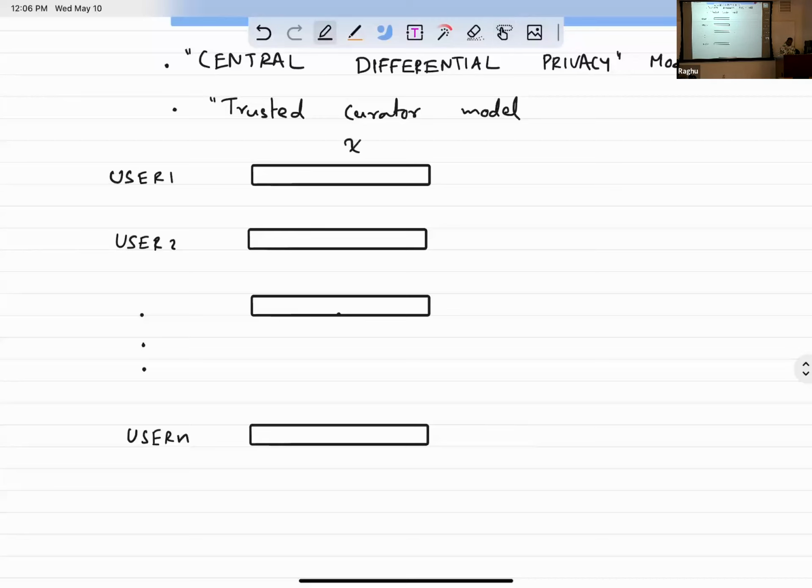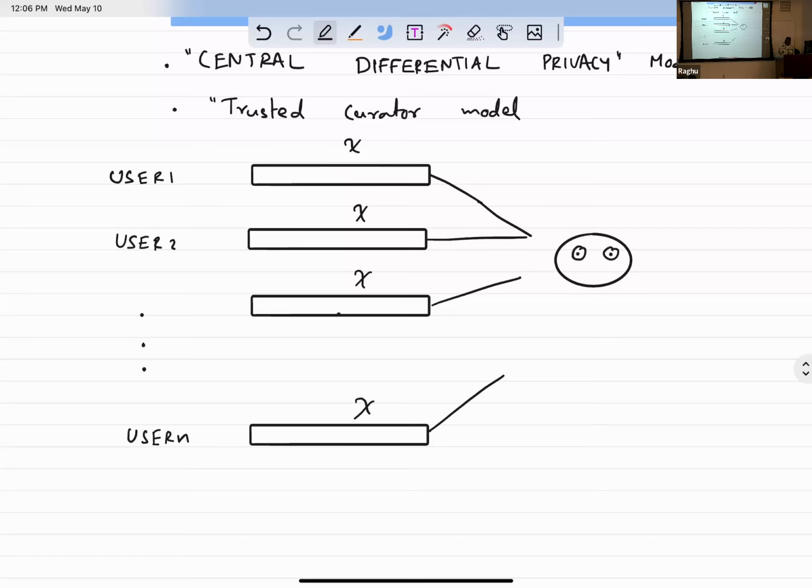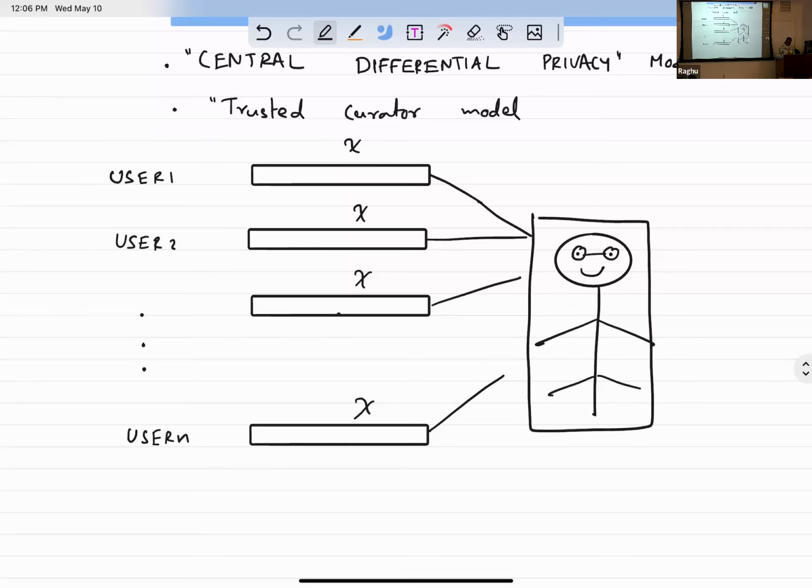For the way we're going to study things, don't think of these as vectors for the time being, just think of them as coming from some set or domain X. And in the trusted curator model, you're assuming that all of these people share their data with a trusted person, completely.